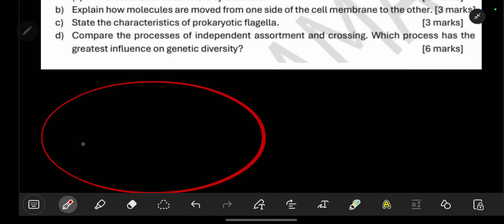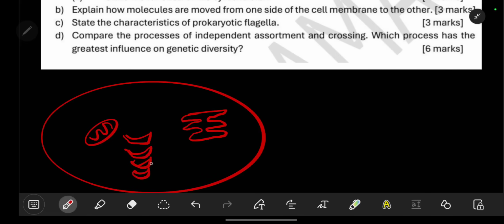For important details, we are going to have the smooth endoplasmic reticulum like that. Then we have the mitochondria like that. Another important detail is the Golgi body like that. So we might have the nucleus like that.